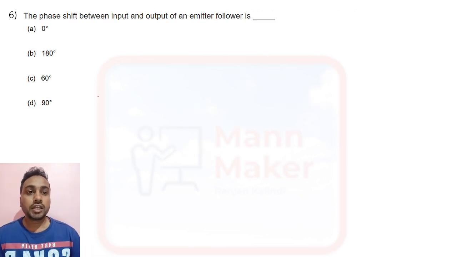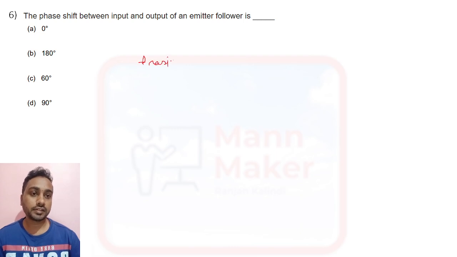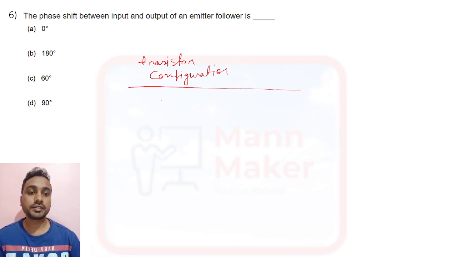The phase shift between input and output of an emitter follower. Basically, we have three types of transistor configuration: common emitter, common base, and common collector.